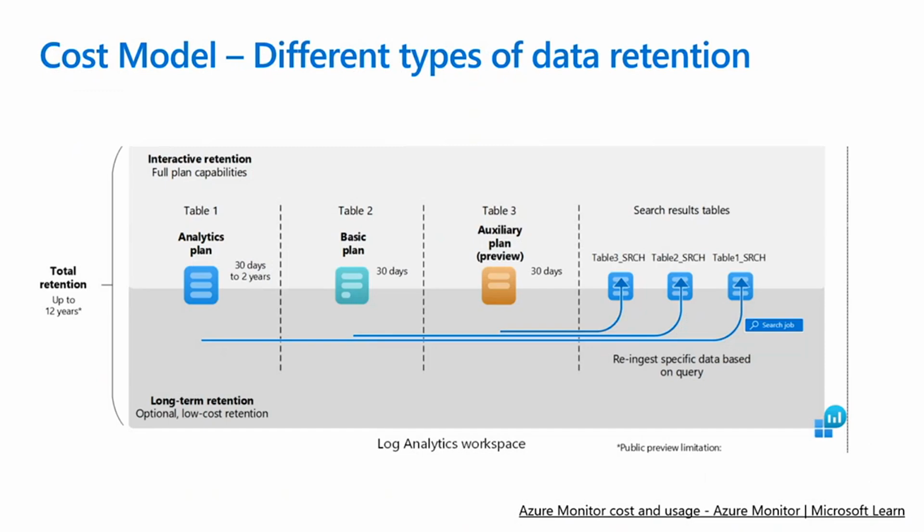We also included this with a link to dig a bit deeper into how long-term retention would work based on the different plans. And then you would have search results and search jobs to query the data that is in long-term retention. And if needed, that would get re-ingested if you need it again. But again, you can use it as a reference and go read up on the documentation.